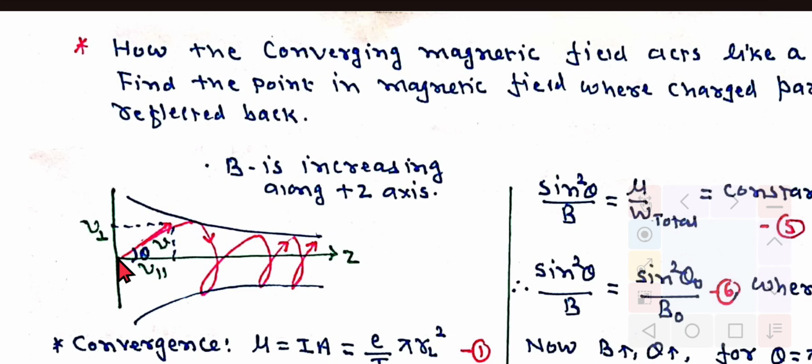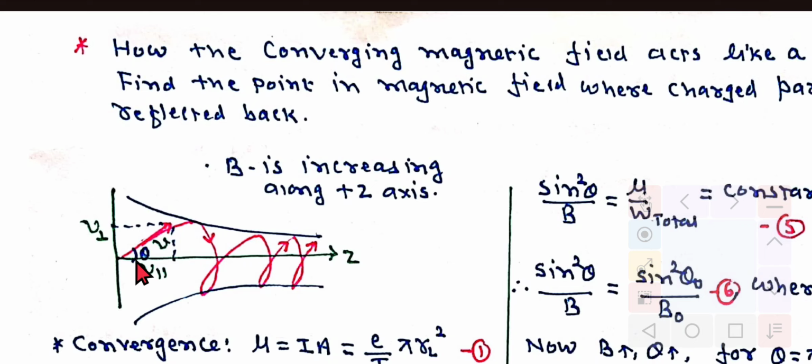Now this is the velocity v of a charged particle entering this type of increasing magnetic field along the z-axis. V is the velocity of the charged particle and theta is the angle of incidence. Velocity has two components, V perpendicular and V parallel. Now you know, what is the path followed by the particle?